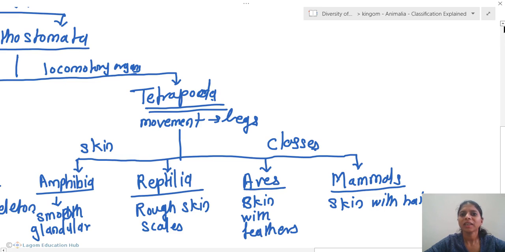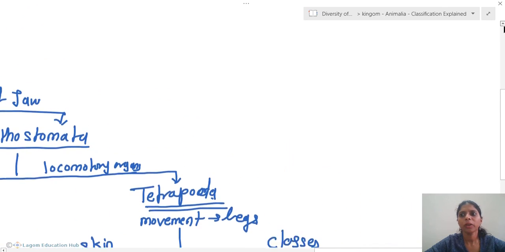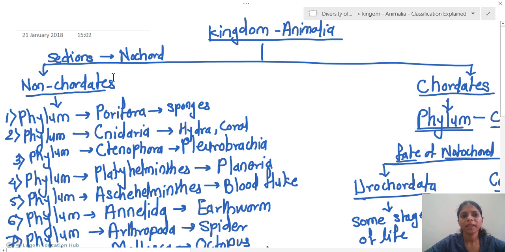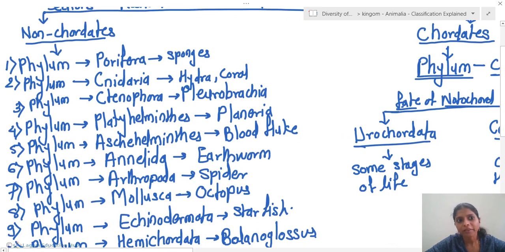I'll just take a quick revision of the whole classification chart and then we'll go ahead. Kingdom Animalia is classified into two large groups. One is non-chordates, notochord absent, and the other is chordates, notochord present. Non-chordates include 10 different phyla. Tell me which are these phyla in sequence?